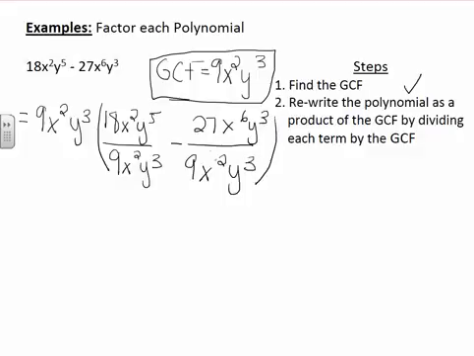Again, we divide each term by the greatest common factor because it essentially pulls out that value of the greatest common factor. Our next step is to proceed using the quotient rule.